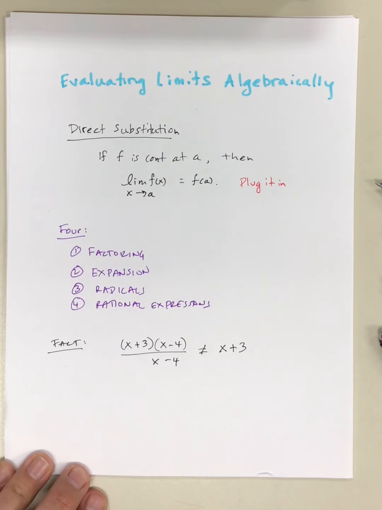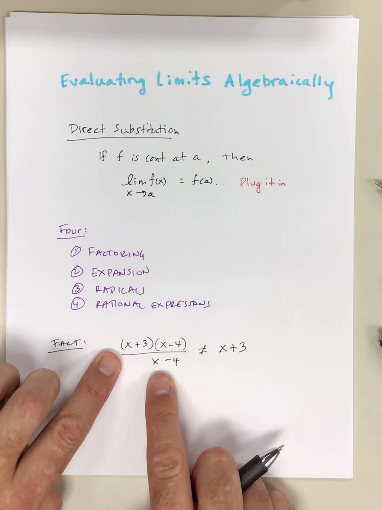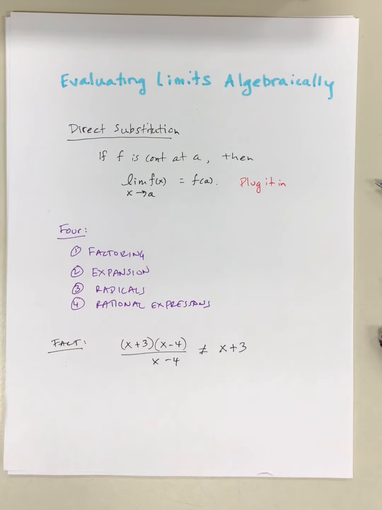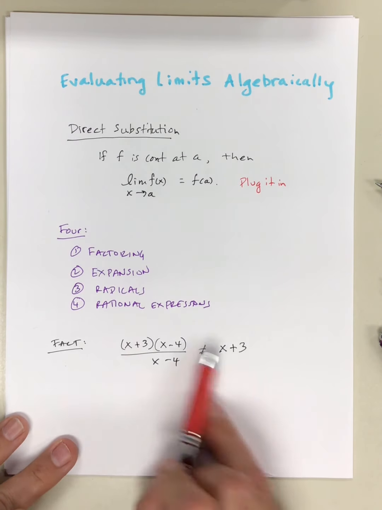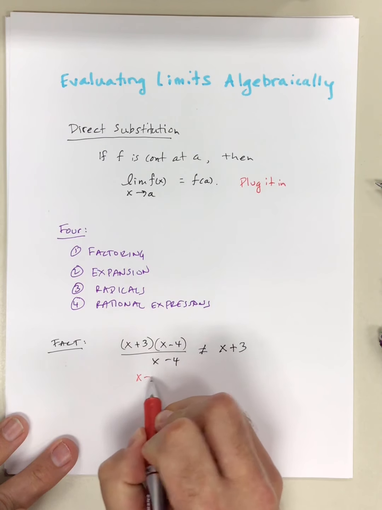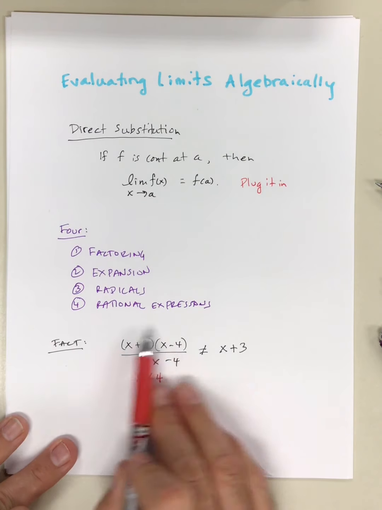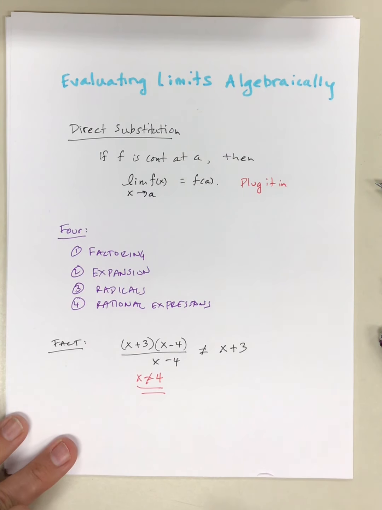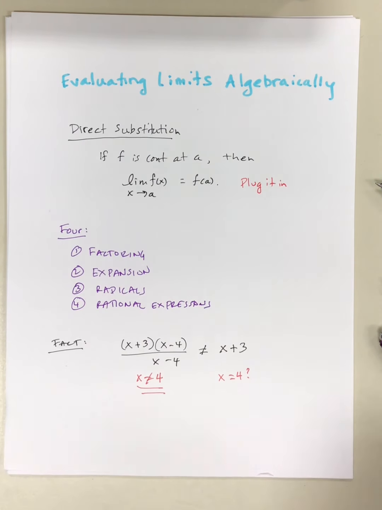To be equivalent means every possible input value on the left and every possible input value on the right would produce the same output value. And we can see with a little bit of investigation that in fact those two statements are not equivalent, because over here on the left, x may not equal 4. If we tried to plug in 4 on the left, we get 0 over 0, and that has no value. But over here on the right, x equals 4 does produce a value.